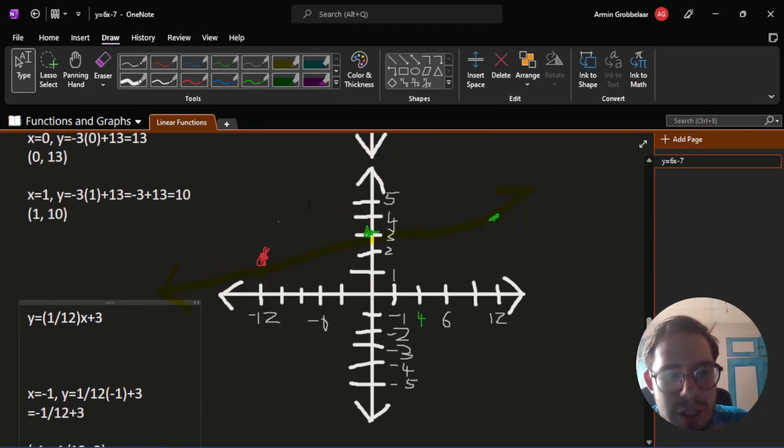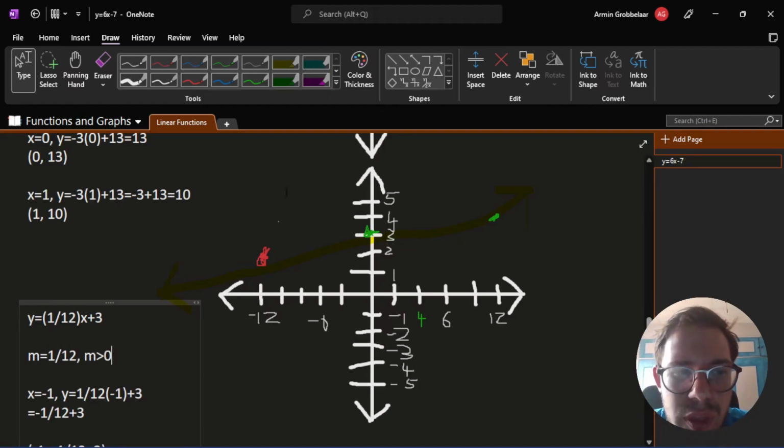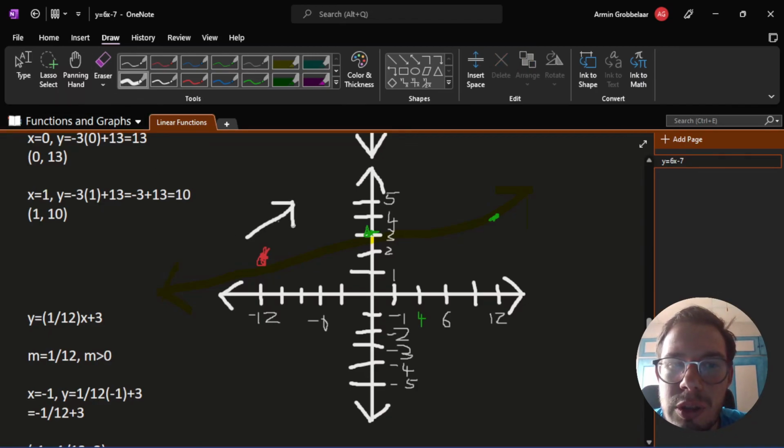So here you can see that m is equal to 1 divided by 12. So m is greater than 0. So you can see here our positive gradient is correct. Because m is greater than 0, the function y equal to x/12 plus 3 has a positive gradient.